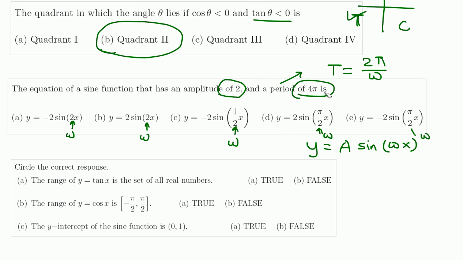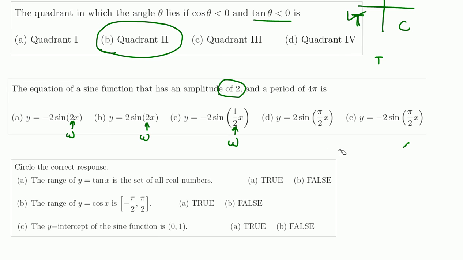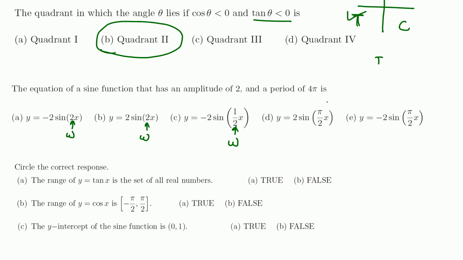The period of 4 pi, and we know that period is given by 2 pi over omega. So I want to find this omega, and from this omega I can choose the right function.